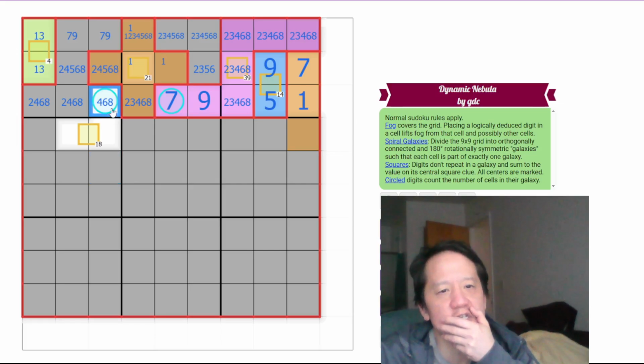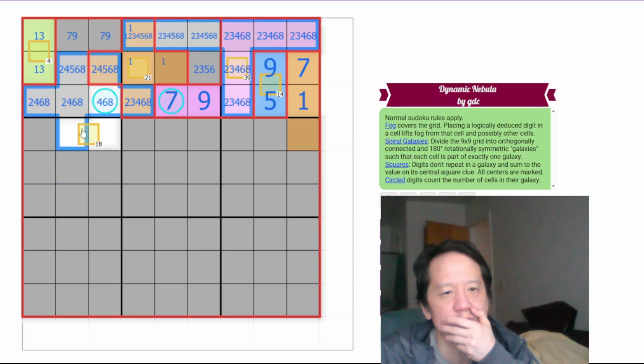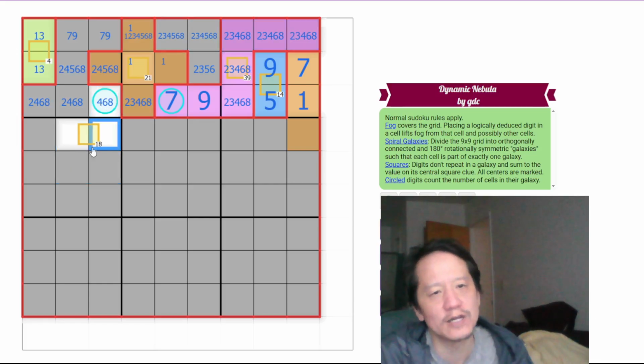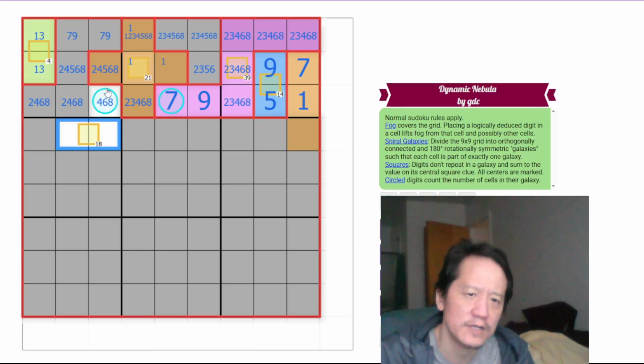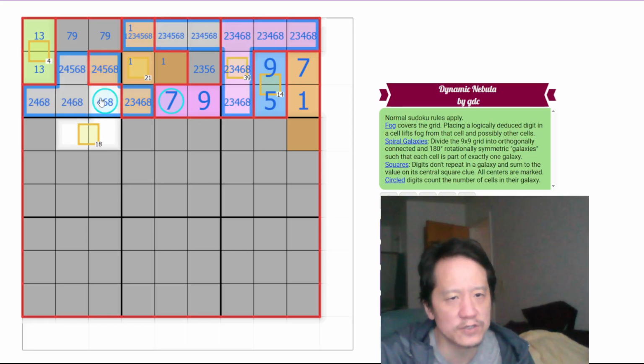So I don't think this can ever be 8. It could be 6, and the only 6 it could be is part of this. I think this one has to be part of this galaxy, right? If it's not, where else could it be? Can't be this way. It can't be 2 because this is not the center of a galaxy.